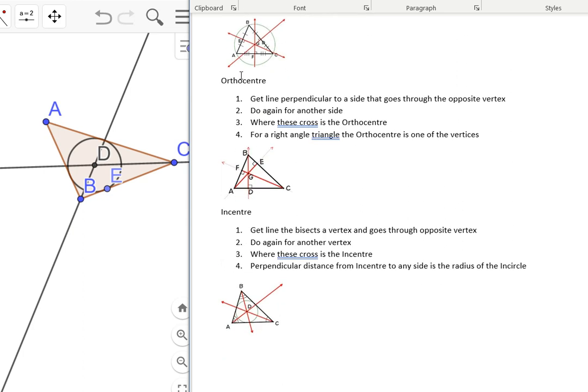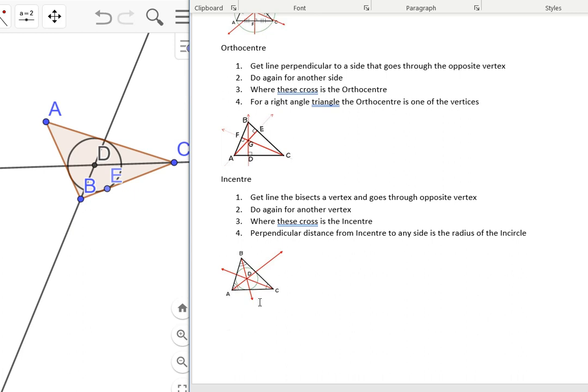With the orthocenter, we would get the perpendicular slope to one of our sides, and then use the coordinates of the opposite vertex again to give us the equation of a line. If we do that for another side and vertex, where they intersect is the orthocenter. And then when we come to this mathematics later on, we would bisect the angle between, or the slope between, two lines, and then use the coordinates of the vertex to get the equation of a line.